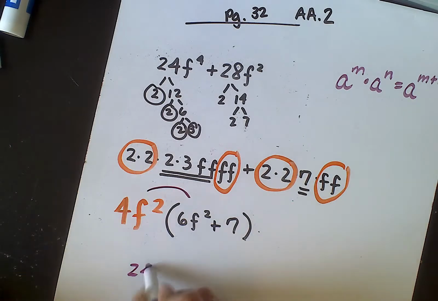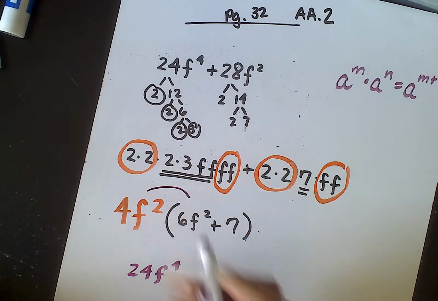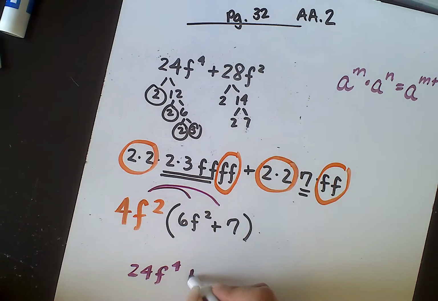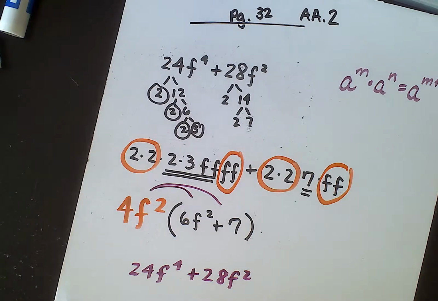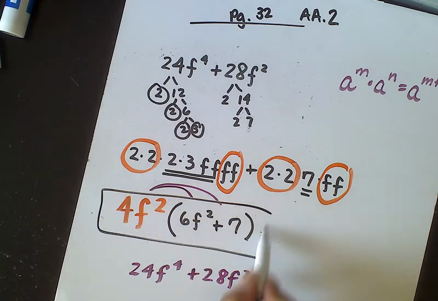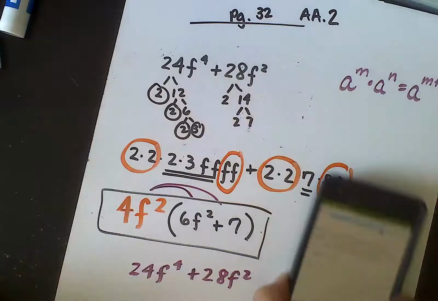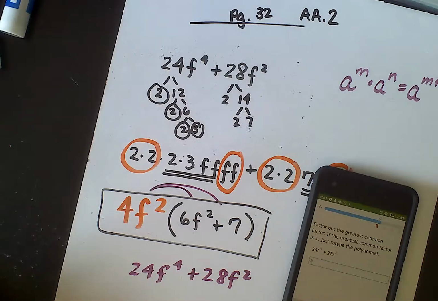That is 24f to the 4th plus 28f squared, which was my original question. So that means it should be correct. 4f squared times 6f squared plus 7.